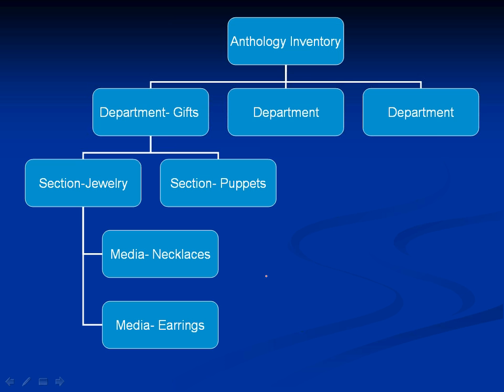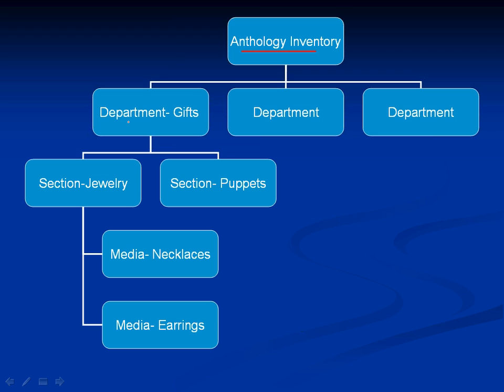So we talked about how Anthology looks at all of your inventory, being up here at the top, but the first division down would be your departments. Examples of departments would be gifts, books, music. Those are all examples of departments, and it's your first division down. Now, departments are required. You need to figure out what department it goes in, but nothing else is required after that.